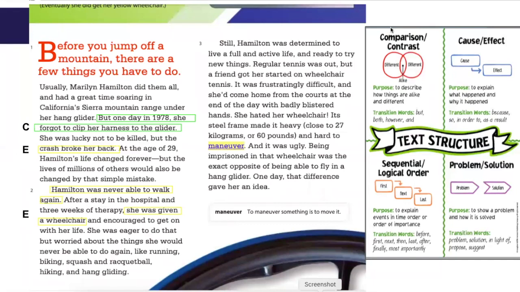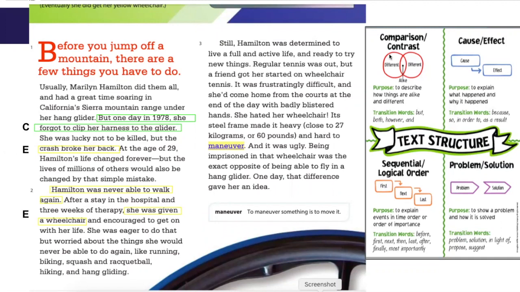This paragraph told me about Marilyn wanting to live a full and active life. Remember, she was an athlete before her accident, and now she's in a wheelchair. In fact, Marilyn hated the wheelchair because it was made from steel, which made it really heavy. Don't forget, a text can have more than one organizational pattern. This is a problem.